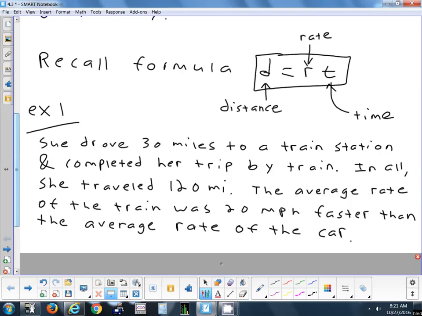And we know that the average rate of the train is 20 miles per hour faster than the average rate of the car. So the important things: Sue drove 30 miles. Total trip is 120 miles. The train goes 20 miles per hour faster than the car, on average. Those are the three things you need to know.